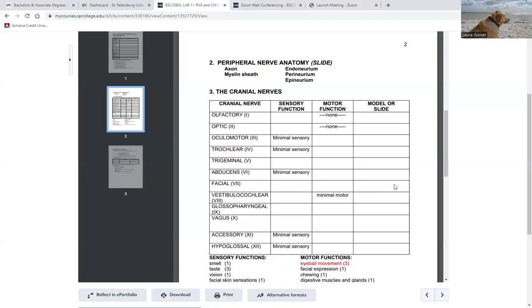And for facial expression, that would be pointing to a muscle model and maybe pointing to the zygomaticus muscle. So in case I didn't mention it before, taste is going to be conveyed on three nerves: facial, glossopharyngeal, and vagus. And so taste bud slide, taste bud slide, taste bud slide, for all three of those will be representative of taste.